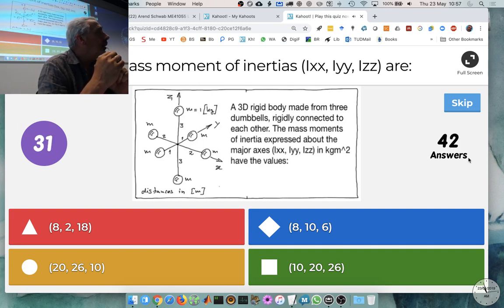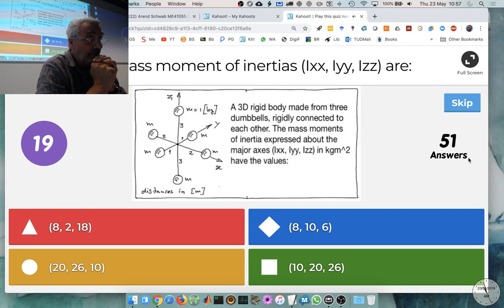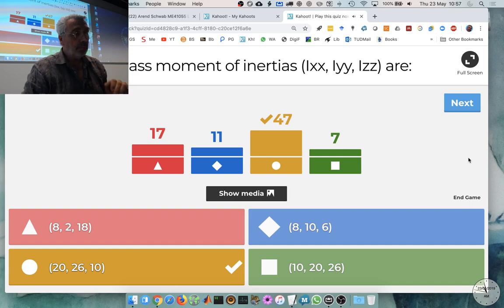Before starting any calculations, eliminate those that cannot be true. Yeah, okay.